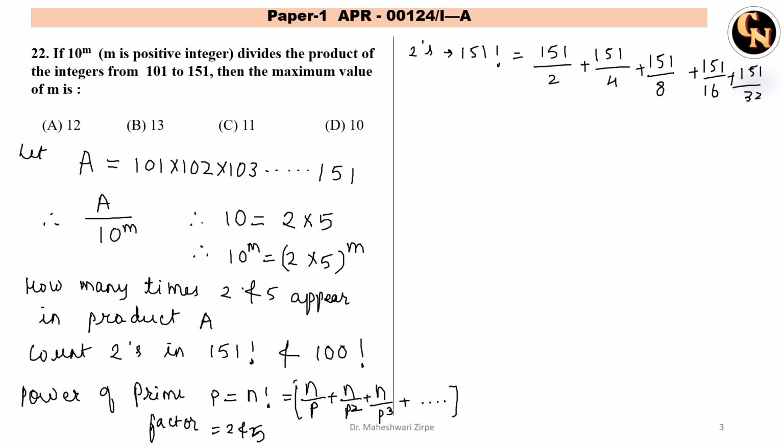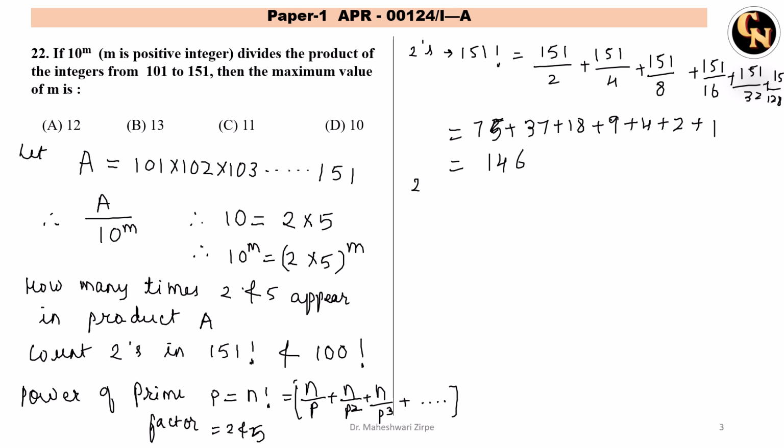You can go on. If you find these after division, it comes out to be 75 plus 37 plus 18 plus 9 plus 4 plus 2 and plus 1 last, because last will be 151 upon 128. Okay, so this comes out to be 146.